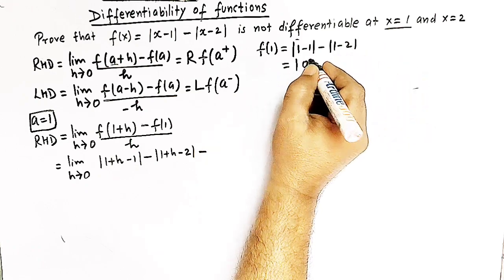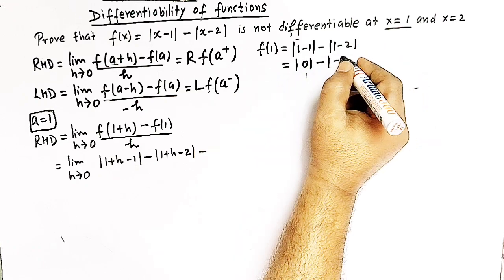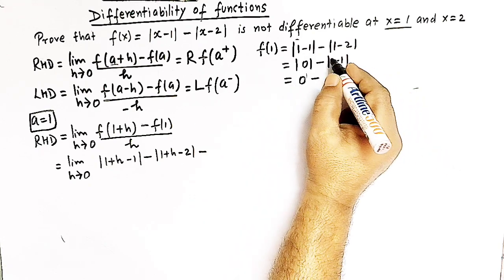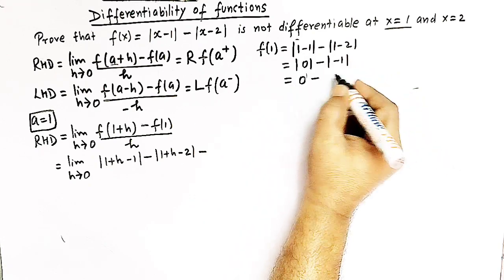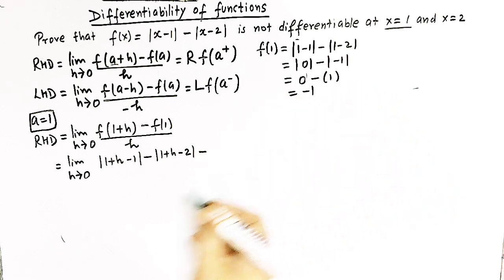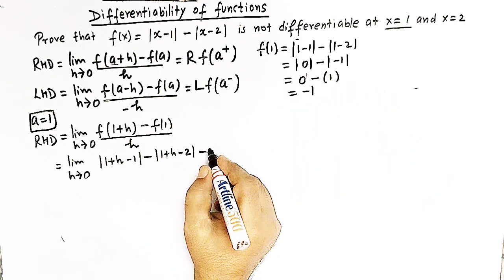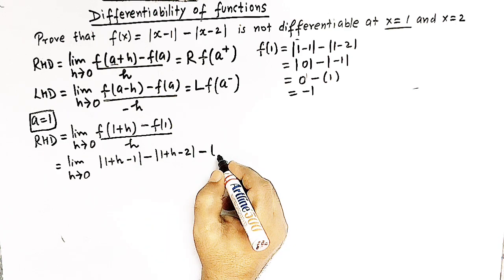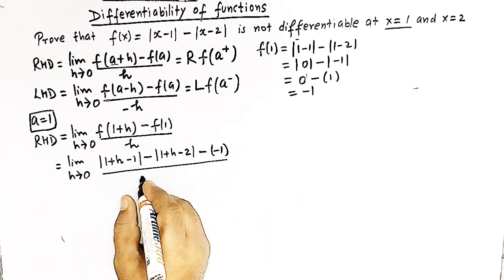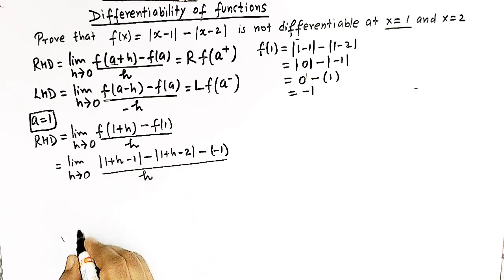So this is mod of 0, minus mod of minus 1, and this is 0, and here mod of minus 1 is 1. So here we have 0 minus 1, that is equal to minus 1, right? So here we have f of 1 as minus 1, and in the denominator we have h, right?